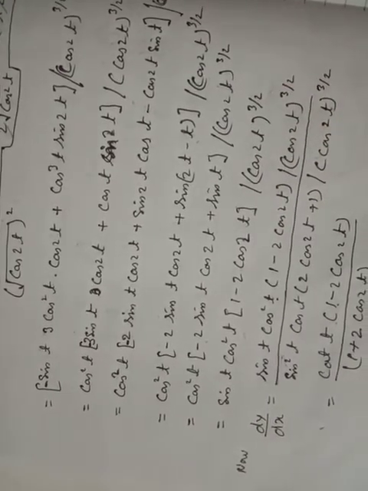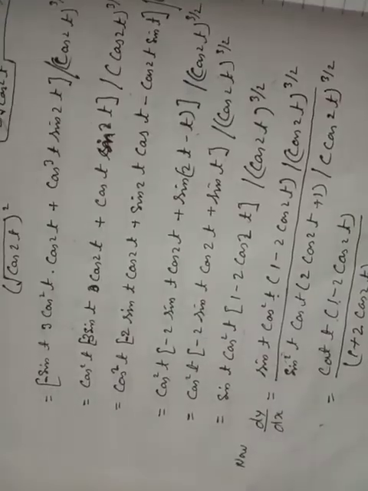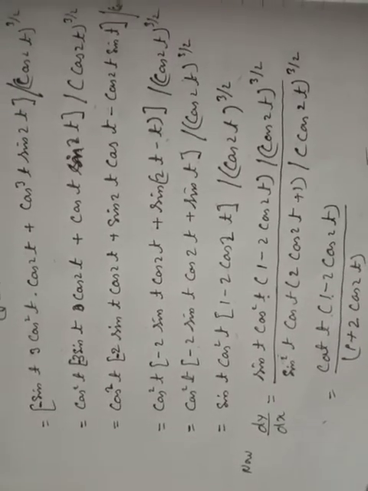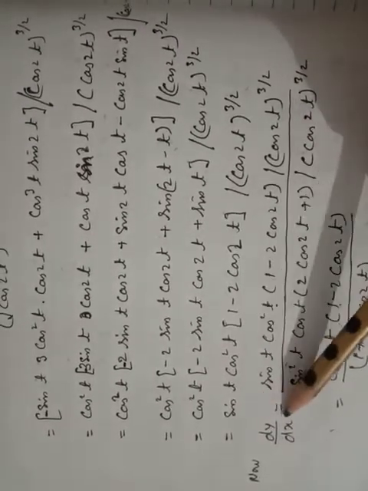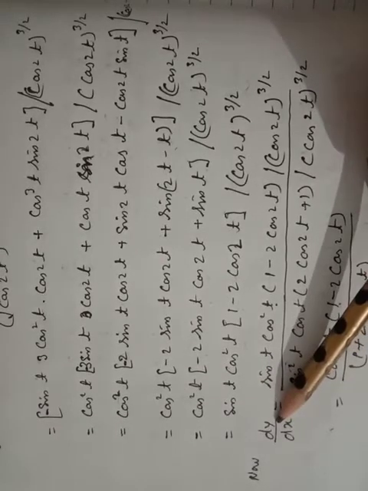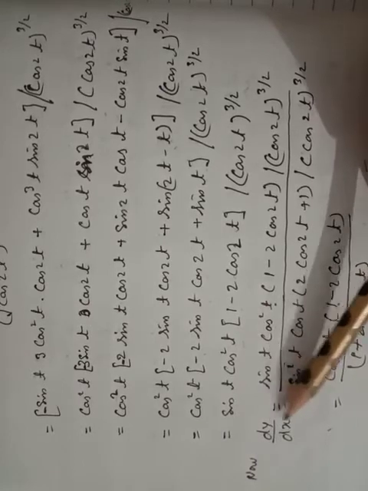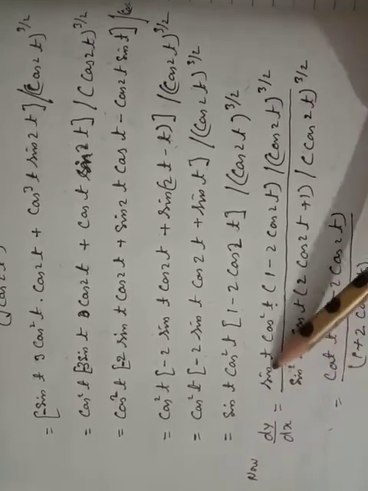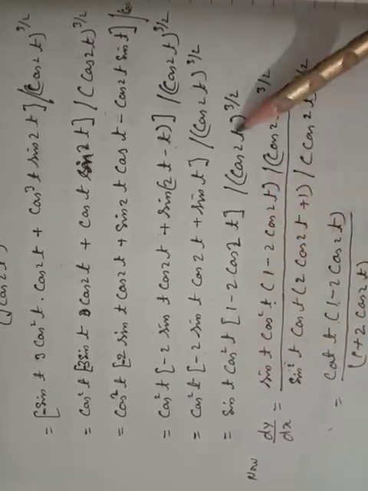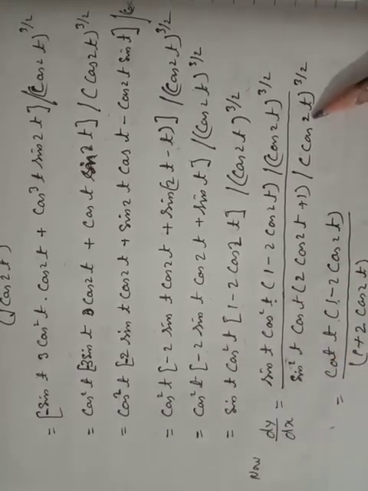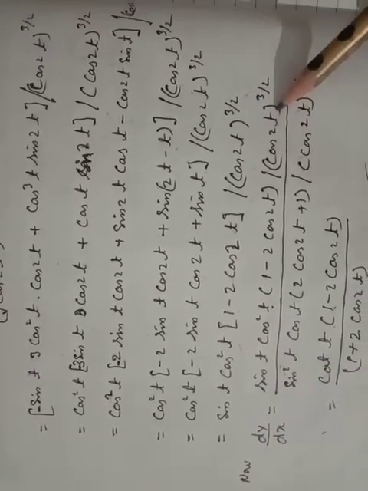And now we wish to get the value of dy over dx. So dy over dx is dy over dt divided by dx over dt, and dt cancels out. Just put the value of dy over dt that you got here, and the value of dx over dt in the denominator, and these two things cancel, and your value is this.